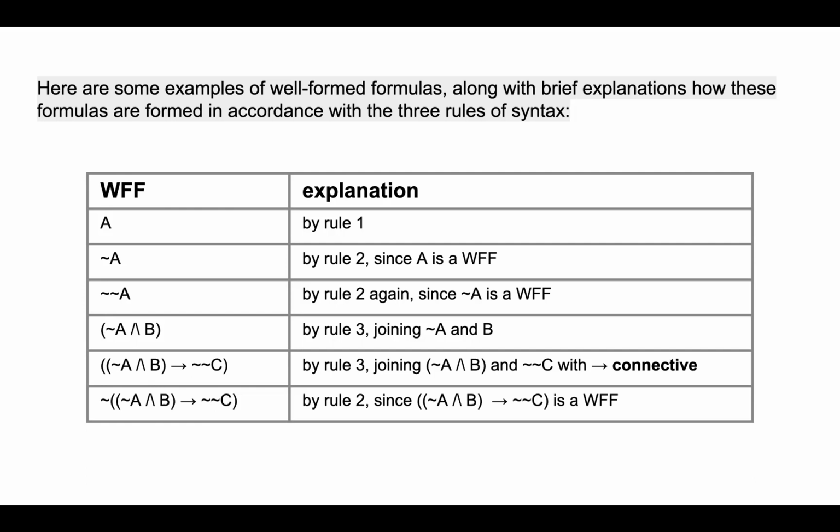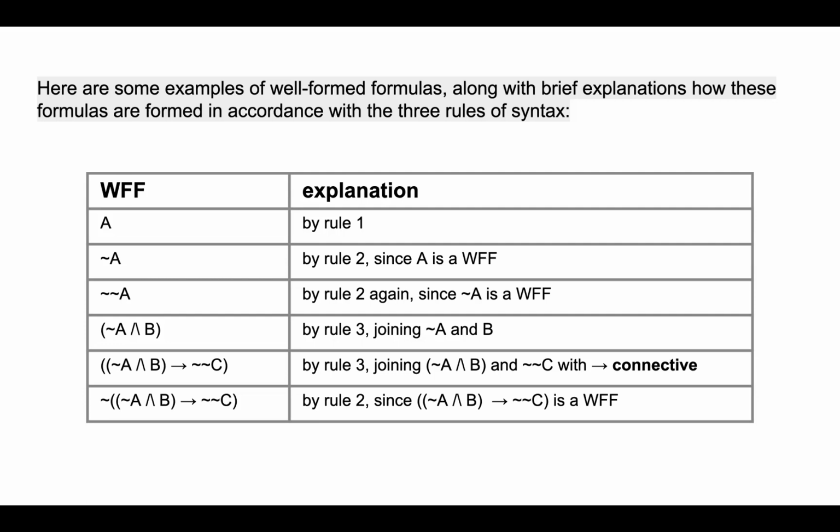B and negation A, or we can write it like negation A and B. What is it doing by rule 3? Yes, it is ANDing two propositions, that is negation A and B. It is the ANDing operation of negation A and B.